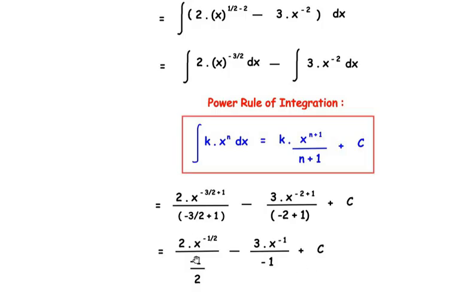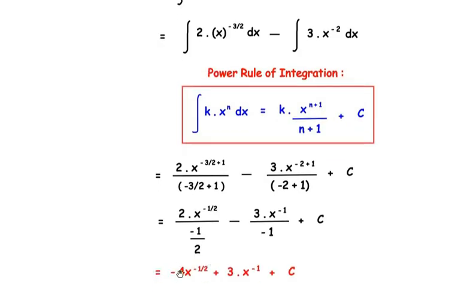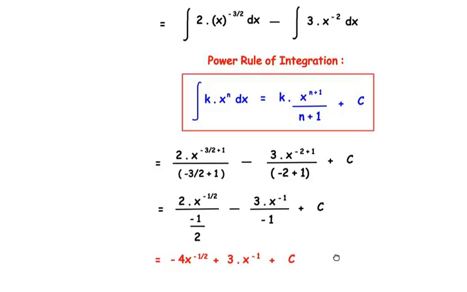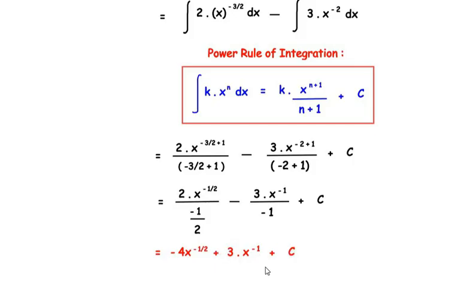Now 2 divided by minus 1 over 2 gives us minus 4 times x to the power of minus 1 over 2. Minus of minus gives us plus 3 times x to the power of negative 1 plus constant of integration. We cannot simplify this further, so this is the answer in its simplest form. So this is the answer for the given integral.